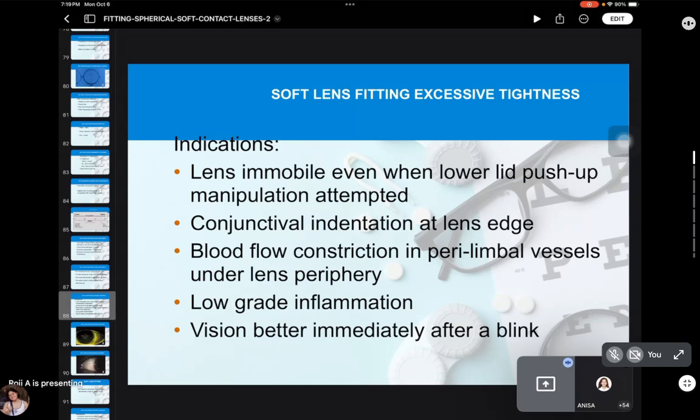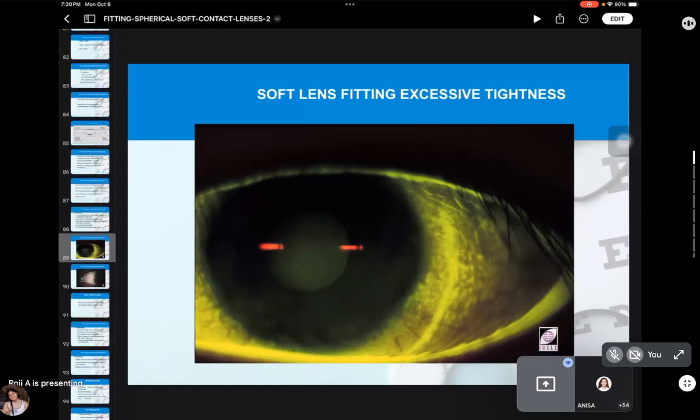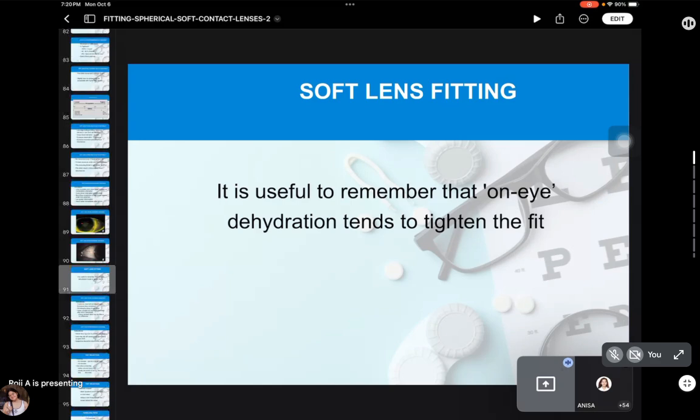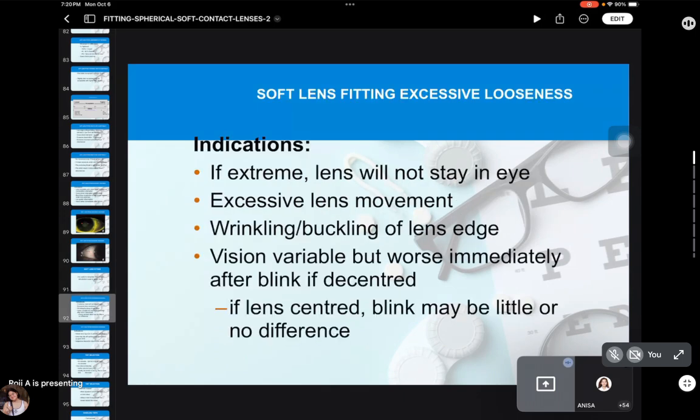It's not going to move. You won't have much blood flow. You will have indentation, of course, as I've explained earlier, low-grade inflammation and vision better after blink. So that's what it is. We're describing it. So it is useful to remember that on eye, dehydration tends to tighten the fit. And this is what you call, Anisa, pervaporation. Correct? Yes po, Doc.